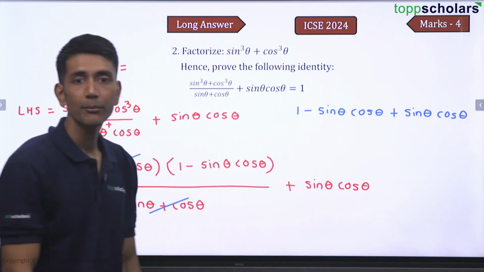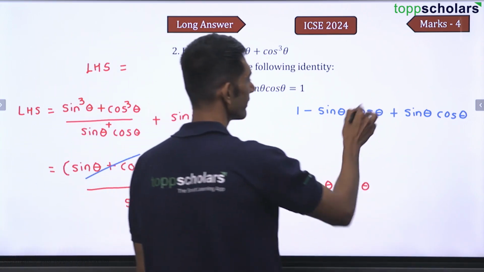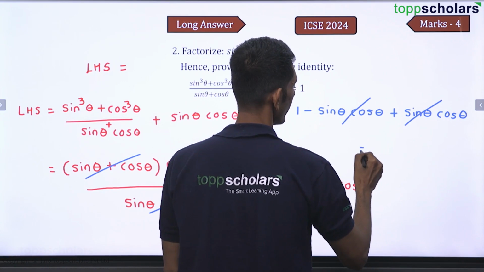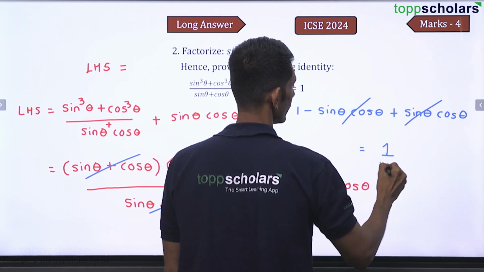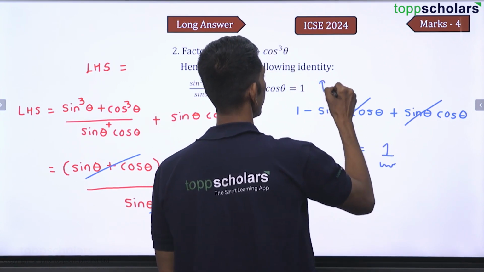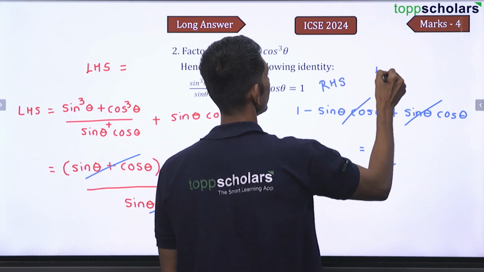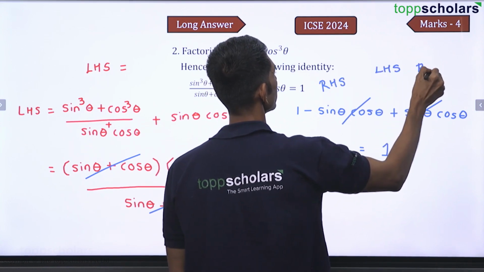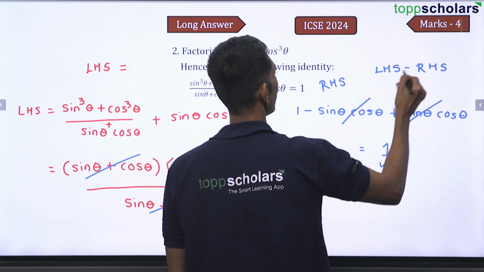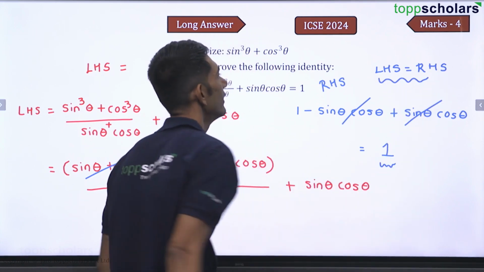Sine theta cos theta minus sine theta cos theta gets cancelled and you get 1, which is nothing but your RHS. So LHS and RHS are equal and we have verified it.